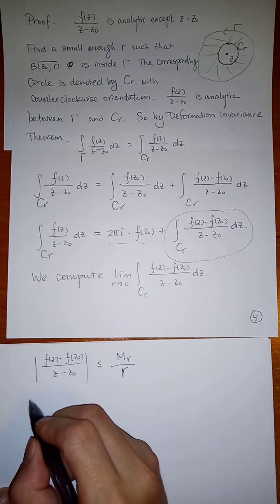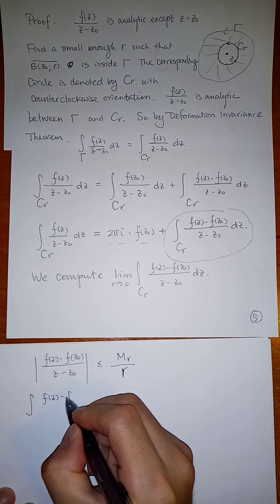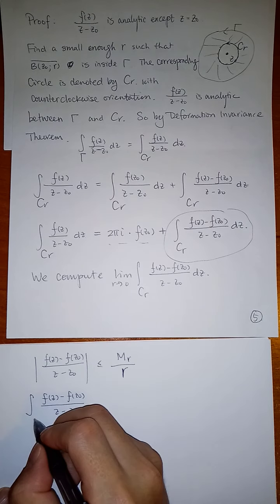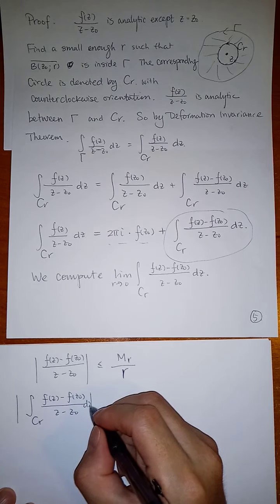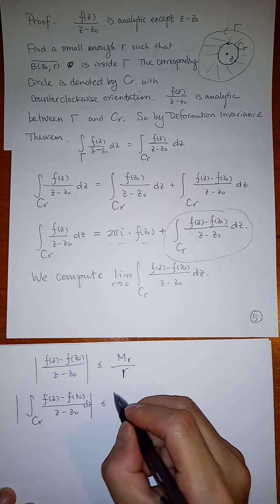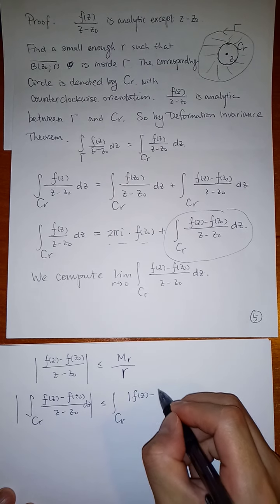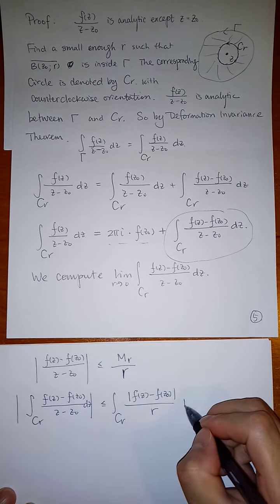Then the absolute value of the integral over C_R dz is less than or equal to the integral over C_R of |f(z) minus f(z0)| over r |dz|.